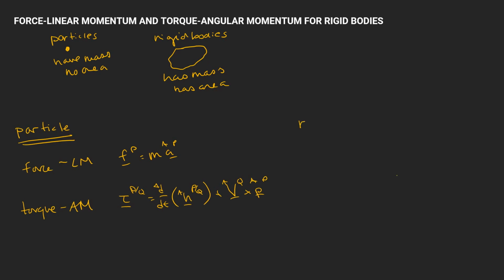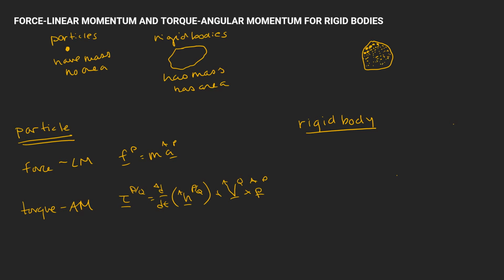Now when we have a rigid body, first of all, we can consider this rigid body, say something that looks like that, as a collection of particles. So we can put a bunch of particles together, and that's a reasonable model for a rigid body. All right, you get the picture there.